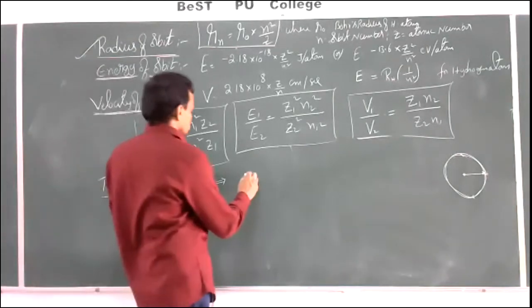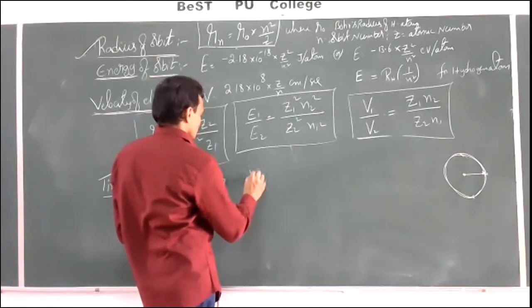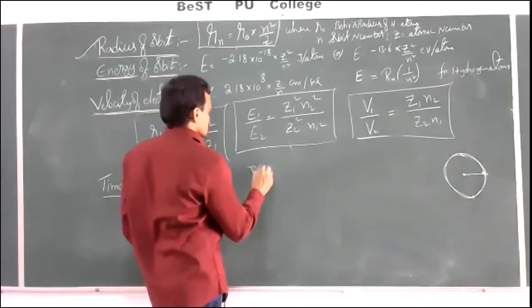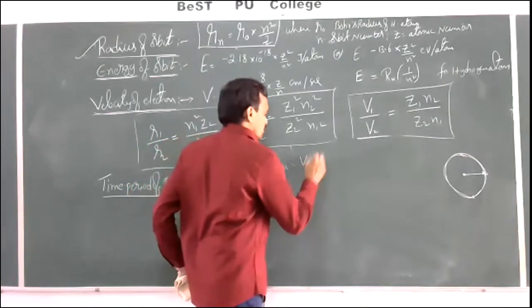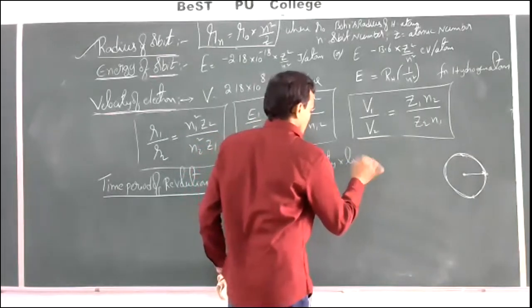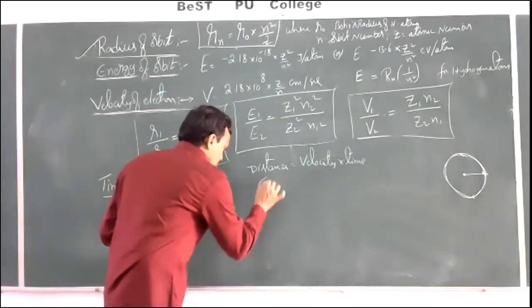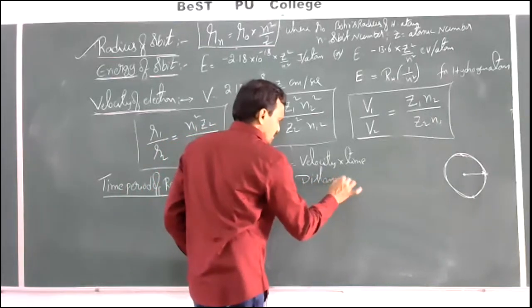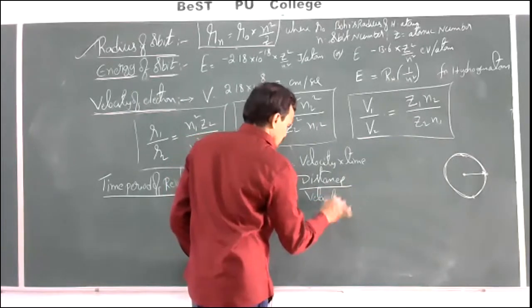As you know, distance is equal to velocity into time. Therefore, time is equal to distance by velocity.